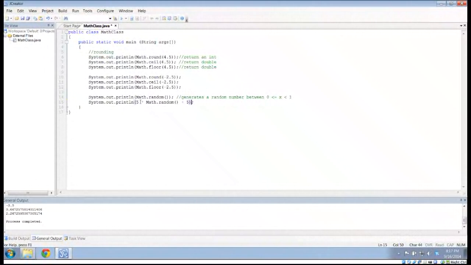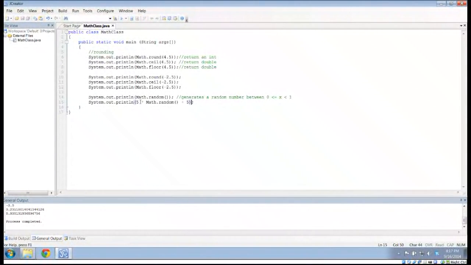So now if I do this, I should get numbers between 5 and 10. So here's 6.479. If I run it again, I'm going to see 5.031. If I run it a third time, I'm going to get 8.93.